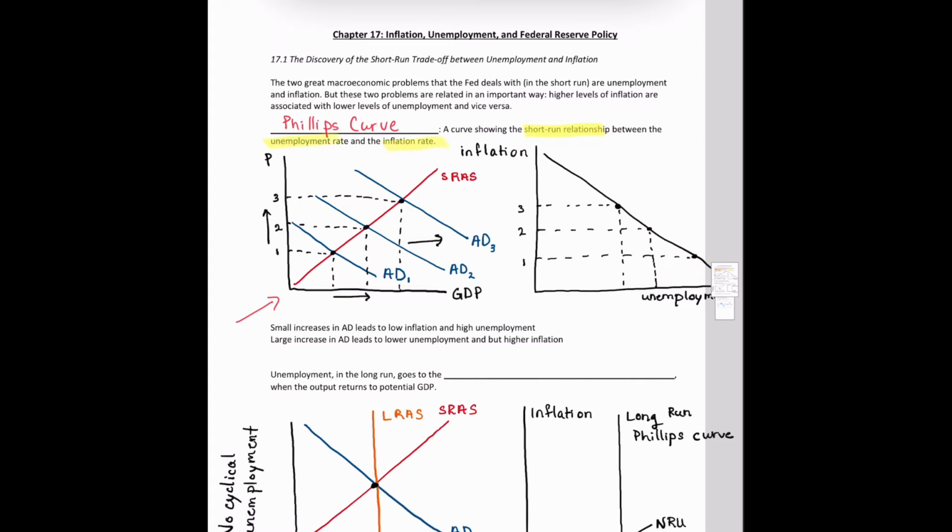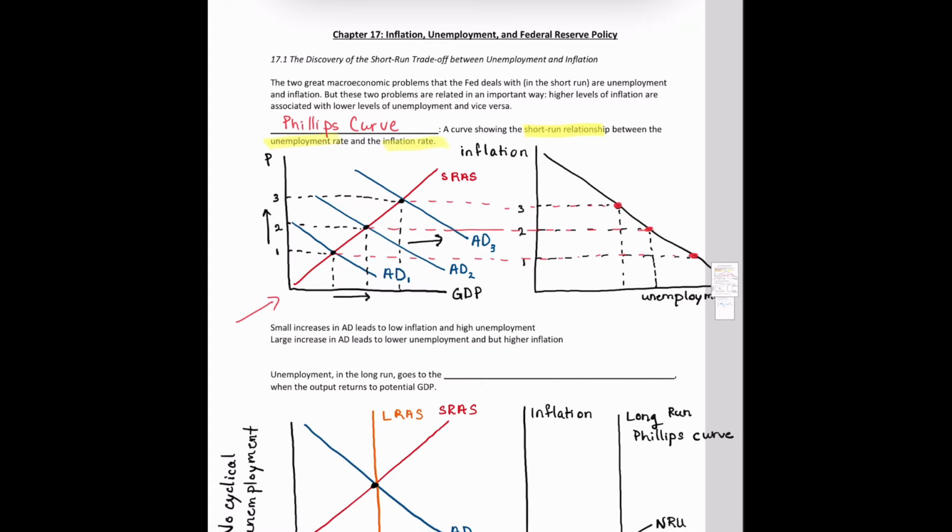So we can kind of see how I graph that over to our curve here. And so correspondingly, we have our 3 points on our short run Phillips curve that shows a downward sloping Phillips curve.